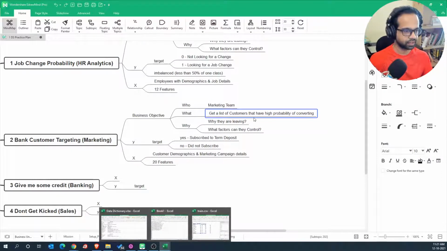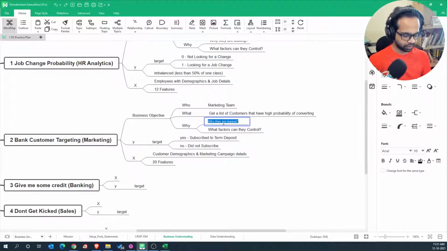Okay, the why for this will be limited budget. I don't know if the factors really matter in this, but they just really want a list of customers, right? So which factors is optional, not compulsory.